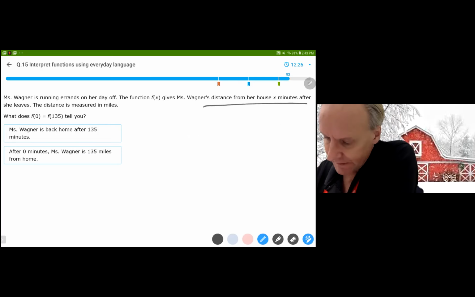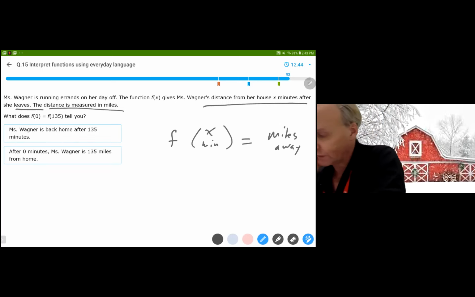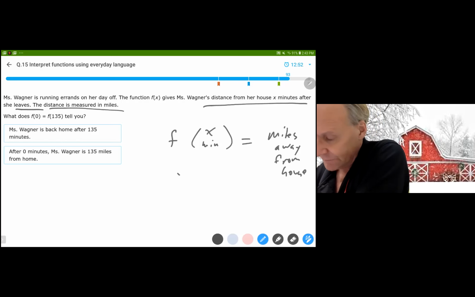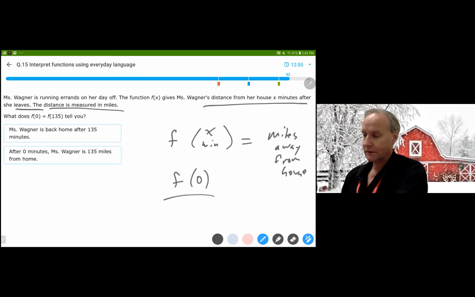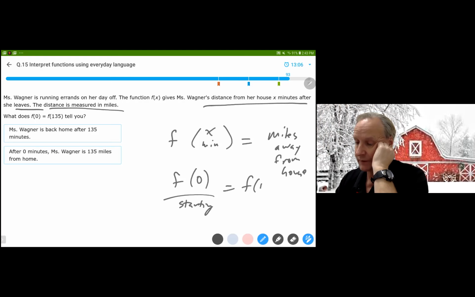Distance from her house, X minutes after she leaves. The distance is measured in miles. So this is X minutes, and it is equal to miles away from home, probably. Yeah, from her house. So F of 0, which is how many minutes. So when she starts, this is how far away she is starting. And that is equal to the same as F of 135.